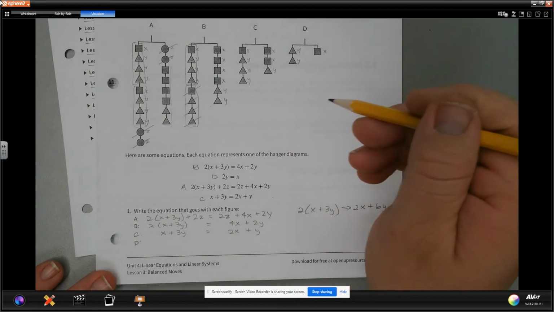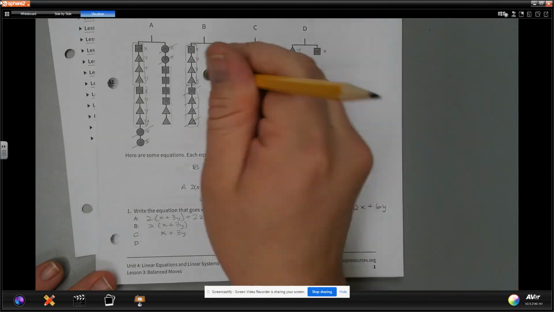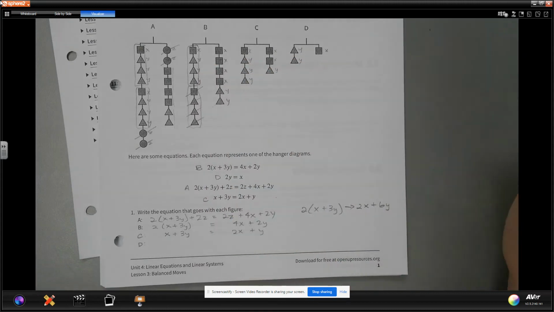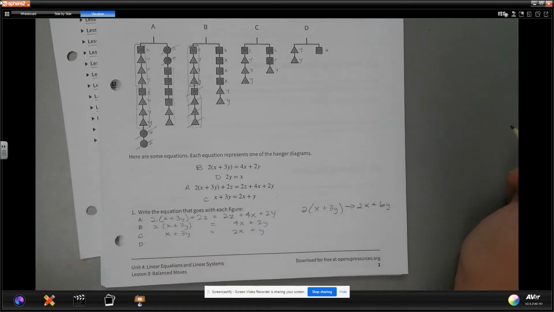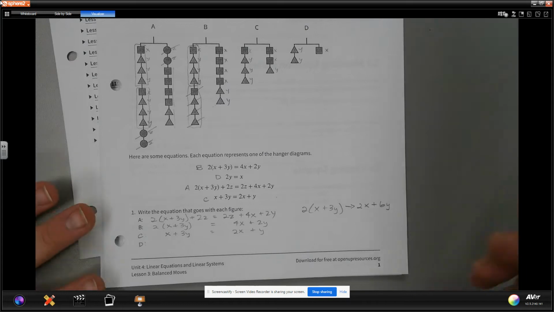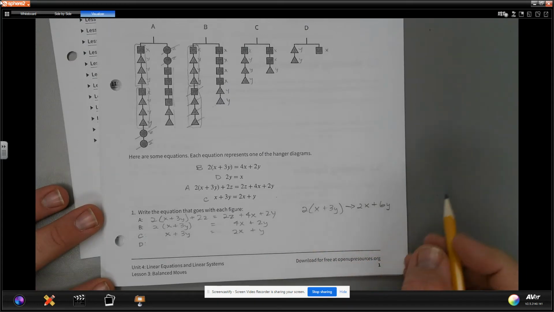And then when we start eliminating on these pieces, by eliminating that whole factor there, we also eliminated some of the pieces from the right side.